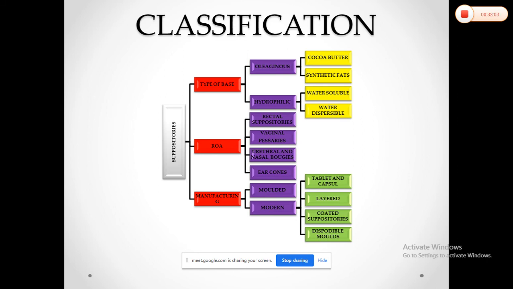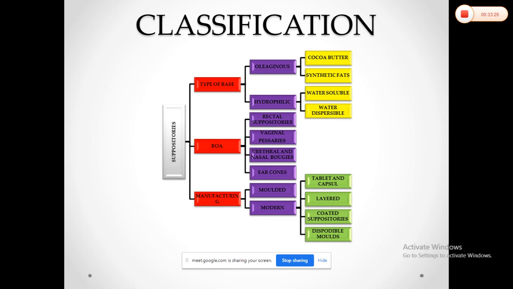So these are the disposable molds, like disposable clothes, where once we use them, we have to discard them. These disposable molds are cheaper and elegant, and their shape can be changed at a lower cost. So depending upon the shape, we can use the proper molds.